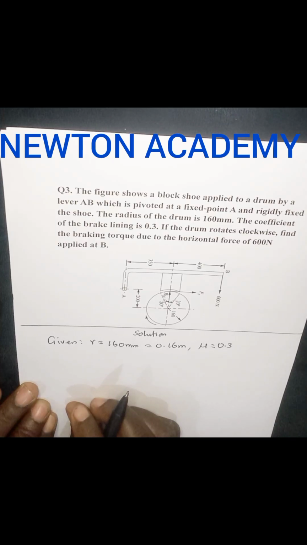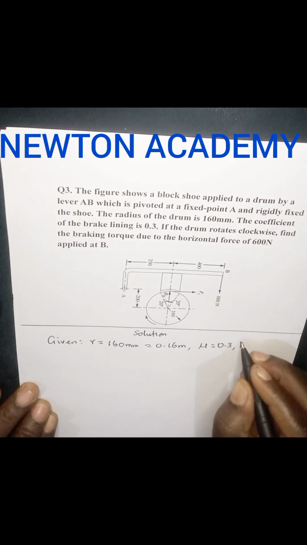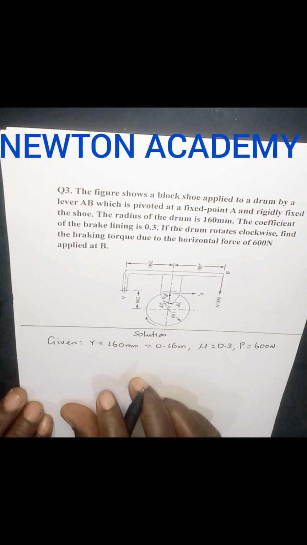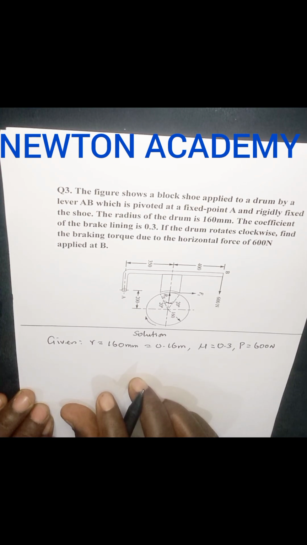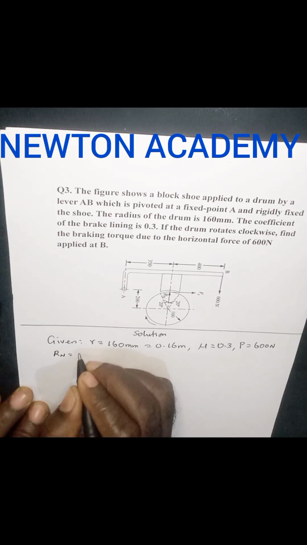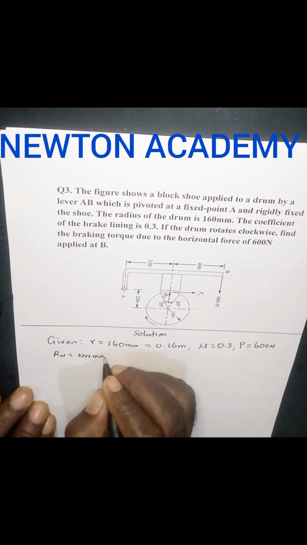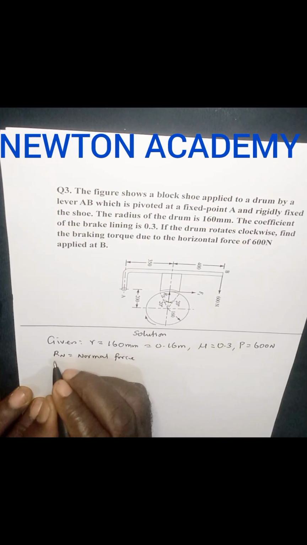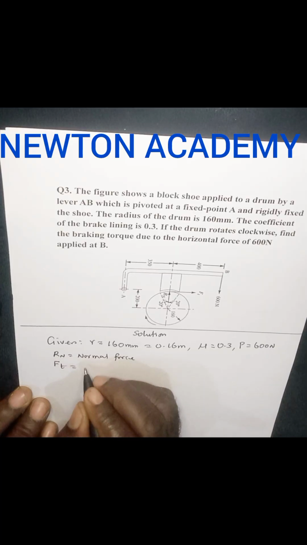Then we are given the operating force P, which is equal to 600 Newton. Now, from here, we are going to calculate, okay, from here, let Rn be the normal force that is pressing the shoe on the drum, and Ft be the tangential force.